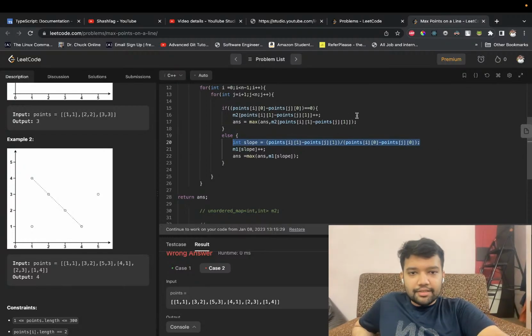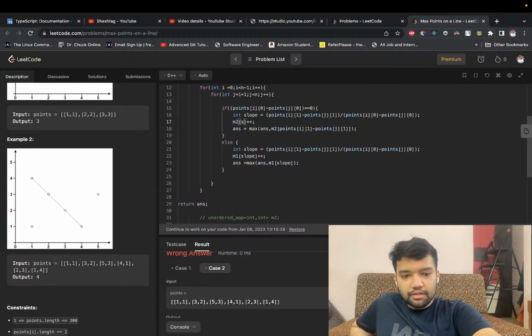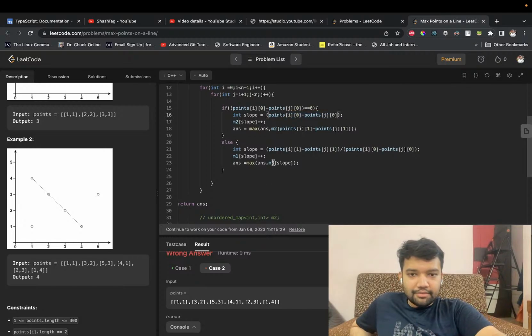Let's make the code a bit understandable. I know the naming is a bit wrong, but code is much more understandable.